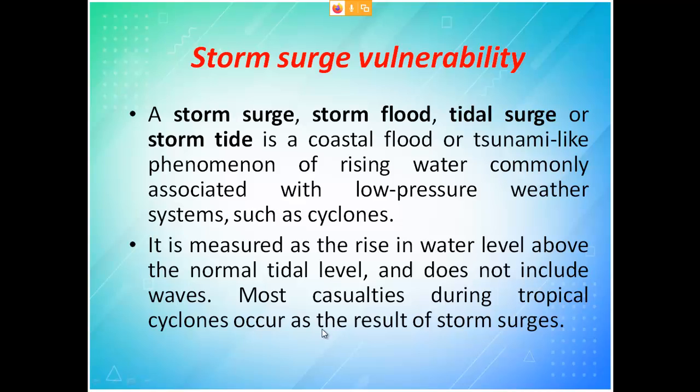A storm surge, storm flood, tidal surge or storm tide is a coastal flood or tsunami-like phenomenon of rising water, commonly associated with low pressure weather systems such as cyclones. So the sea water rises because of such storms or cyclones. It is measured as the rise in water level above the normal tide level and does not include waves.